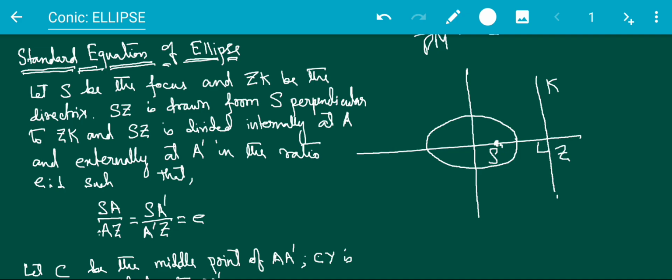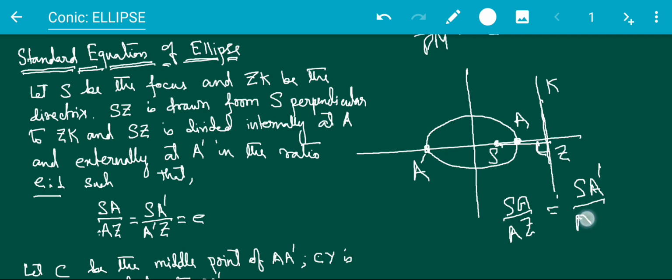SZ is drawn from S perpendicular to ZK, and SZ is divided internally at A and externally at A dash in the ratio e is to 1, such that SA by AZ is equal to SA dash by A dash Z, equal to e in both the cases.